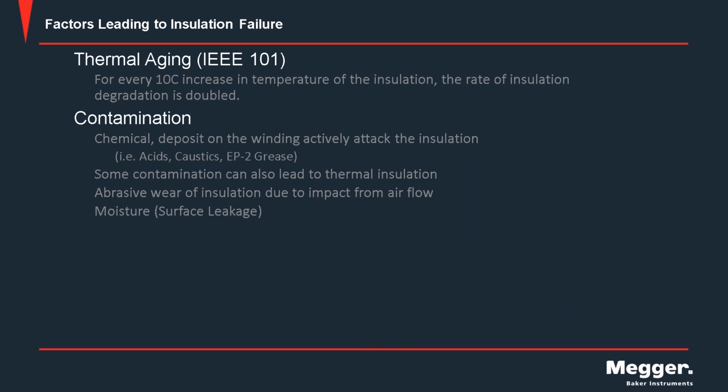Okay. And contamination, this is something a lot of us struggle with. Unless you're at a nuclear power plant or a really clean pharmaceutical plant, you're probably contending with contamination in some area of your plant. And contamination is so versatile in how it attacks insulation, right? It can act chemically, certain caustics or acids can get on that insulation system, even some additives in grease.